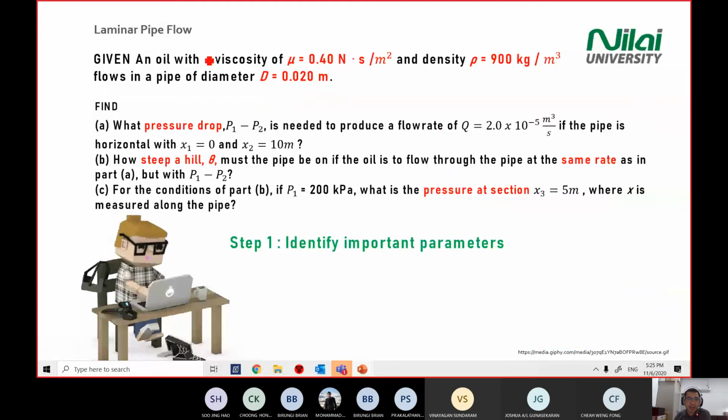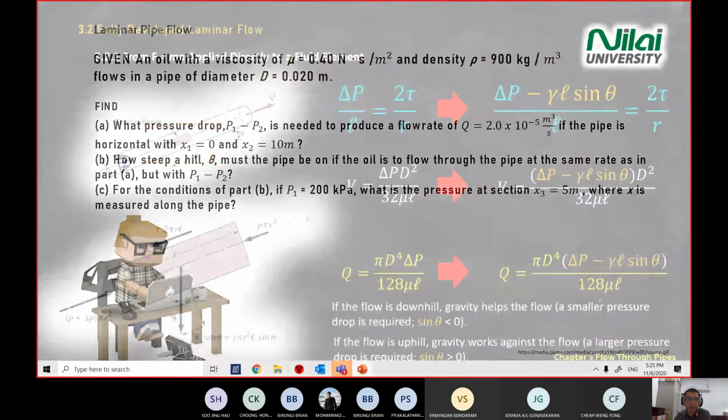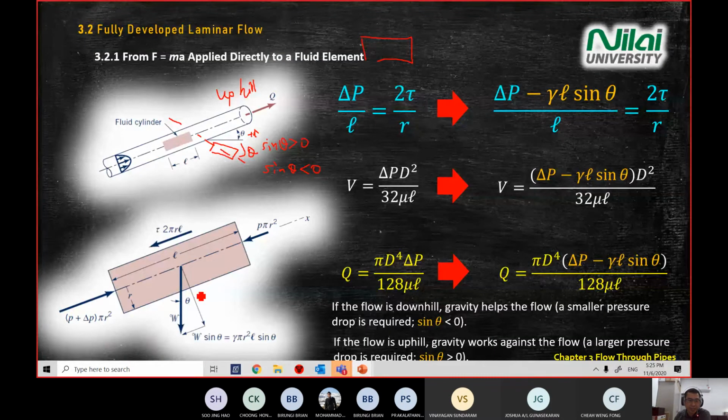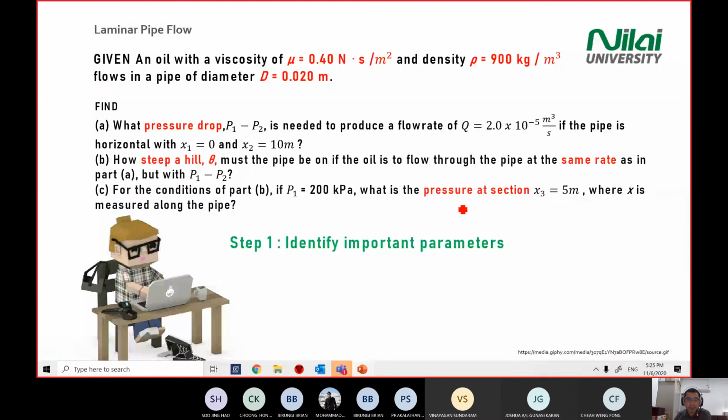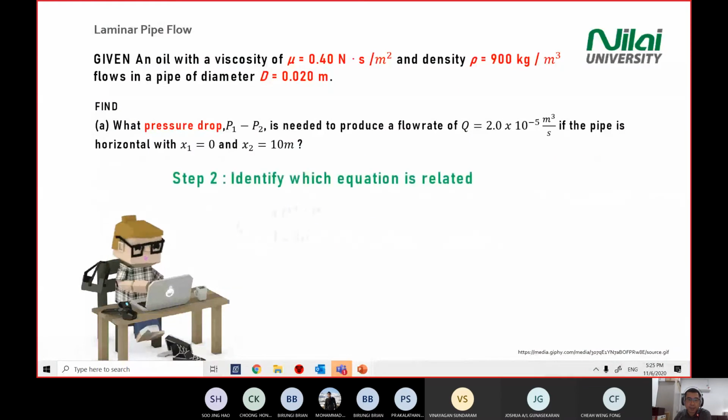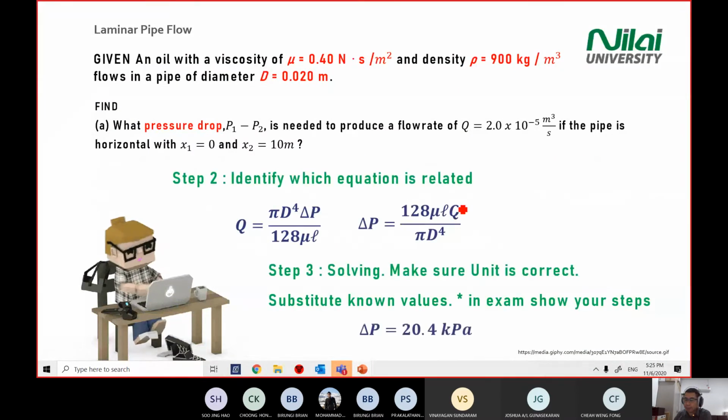Inside this pipe, because you're looking at a fully developed laminar flow, every pressure inside will be the same. Okay.